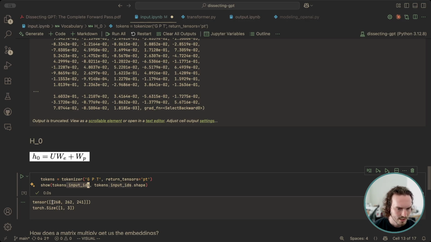So our tokenizer converted this into 3 tokens, 1, 2, 3. And the shape of our output here is 1 by 3. So you can think of this as a batch. We have one batch because there's one piece of text that we're tokenizing, and then there are 3 tokens in this batch.